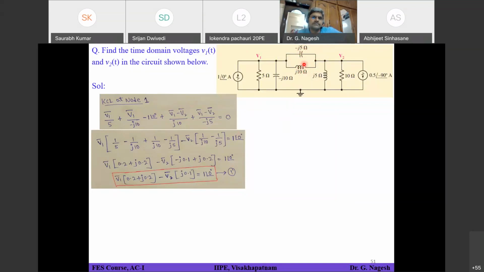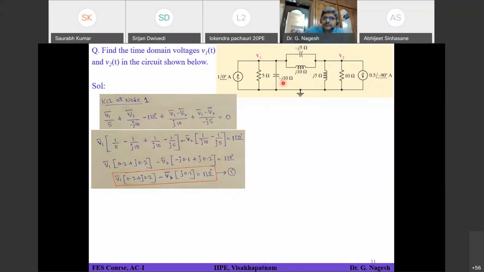So 5 into 10, something like 50 divided by plus j5. So it will be minus j10. So I am getting minus j10, and there V1 bar minus V2 bar upon minus j10 in the fourth term.